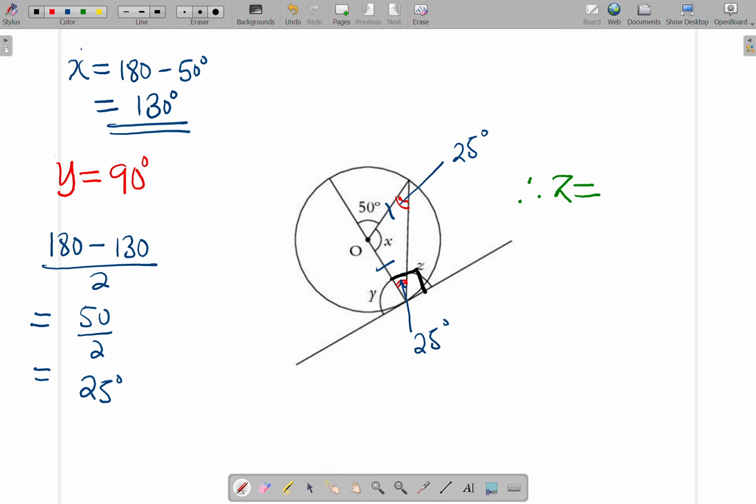And out of the 90, I already have my 25 degrees, meaning that z is simply going to be 90 degrees less 25 degrees. So this is now going to give me 65 degrees if my math is on point. So that is going to give me 65 degrees as my z.